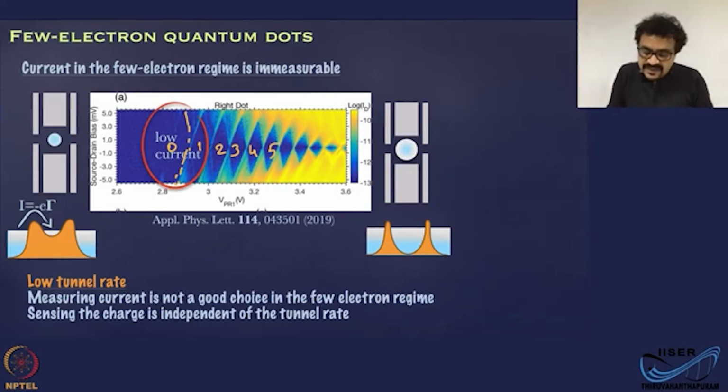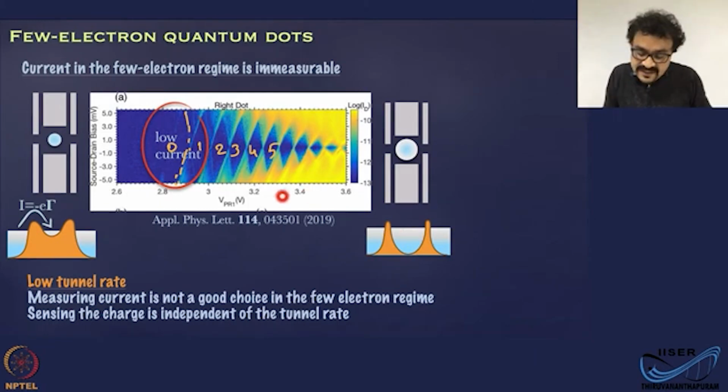As you can see from this plot, the current level is gradually reducing, because when you started, you have a large dot with lower voltages on all the gates, and the tunnel barriers are relatively thinner. The tunnel barrier here is represented by these gaps, and you have a lot of electrons.